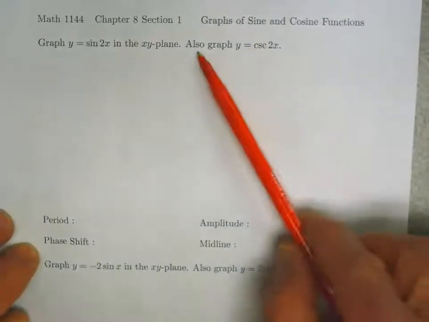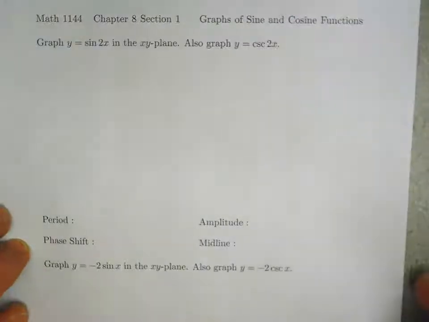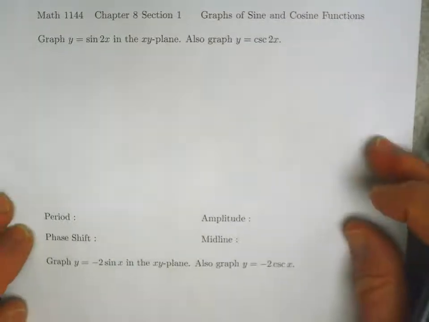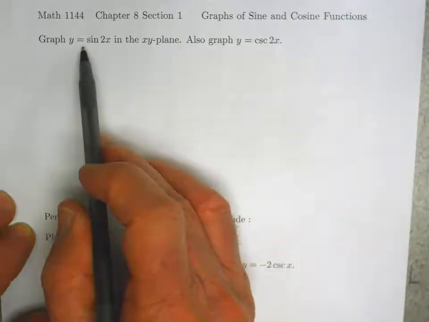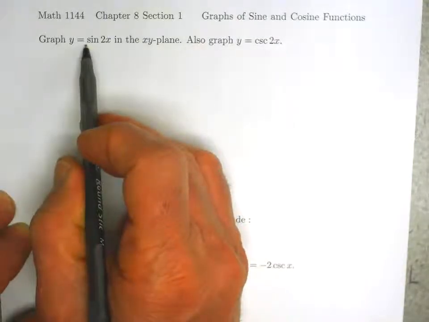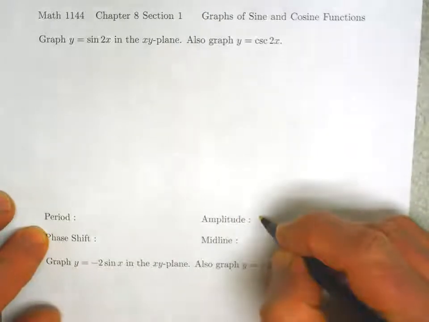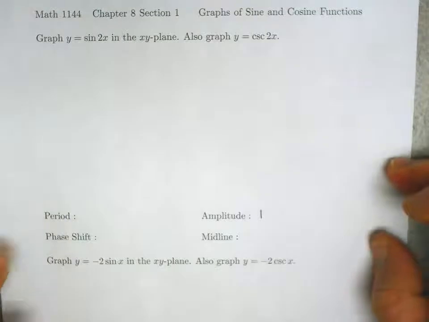And we'll also graph the reciprocal function, y equals cosecant of 2x. Well, the amplitude is 1. The coefficient of sine of 2x is 1, so the absolute value of 1 is 1. So the amplitude is 1.